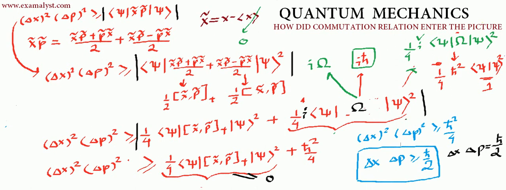So when this is equal to 0, I can have an equality in the equation. The Heisenberg uncertainty principle is an inequality, and if you want to convert it into an equality, you need to have this first term as 0. Agreed?